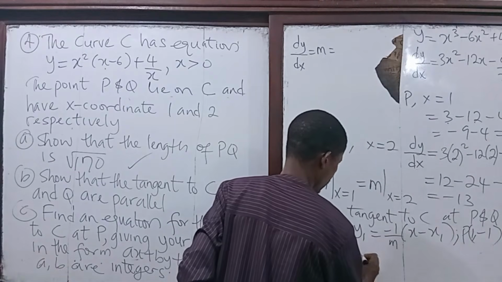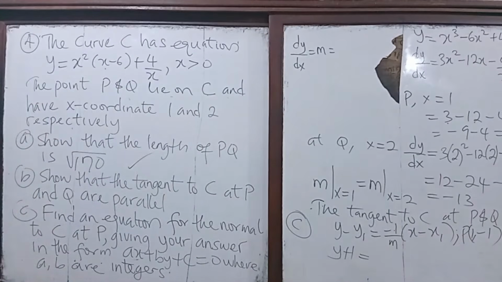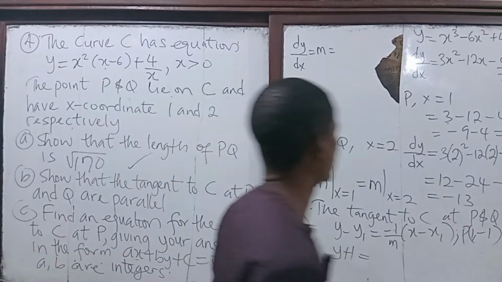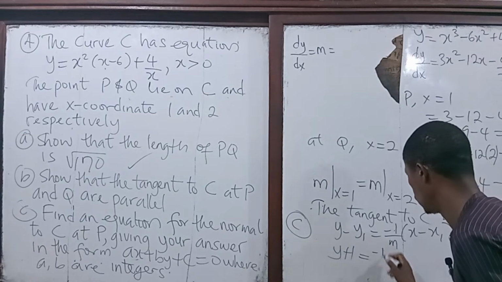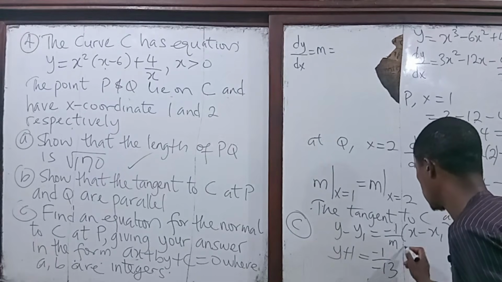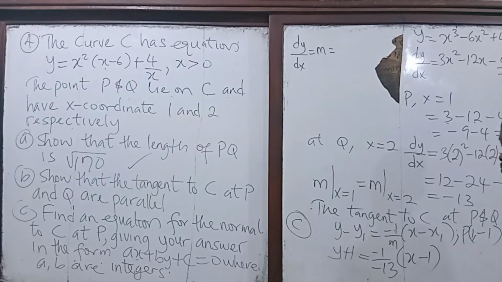The gradient. What do we have for the gradient? Let's check that. The gradient at point P is minus 13. That's y minus minus 1 equals minus 13 brackets x minus 1.